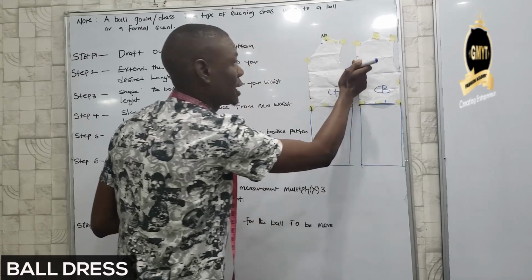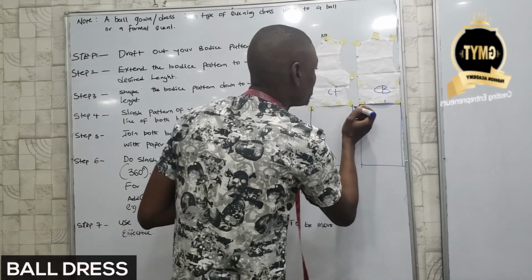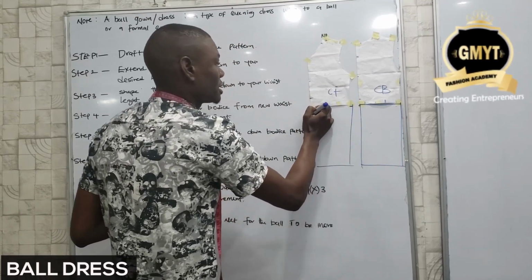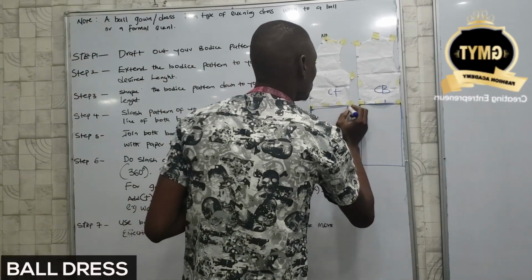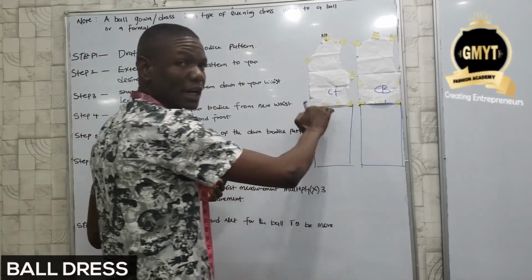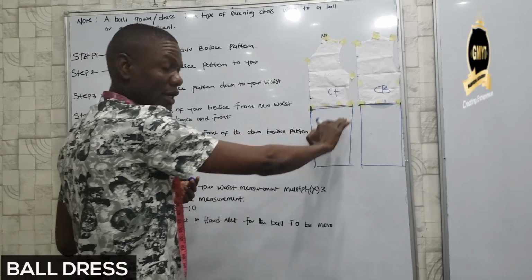This is the back, which is the zipper part. You are not taking anything from the side. Now for both side seams, you are taking half of the measurement you have here for your CF point. Then you square across. Now the textbook said we should slash the pattern from our new waistline. You are not slashing from your natural waistline, you are slashing from your new waistline below.